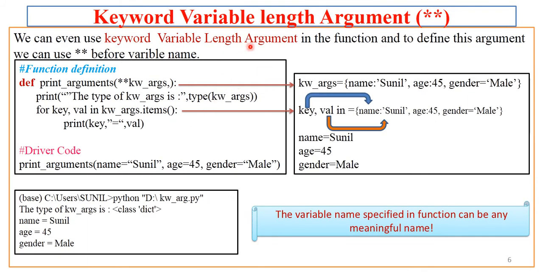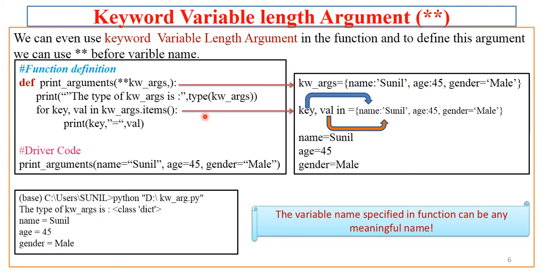Now let us focus on something different which is really fascinating in Python programming. So what is that? That is the keyword variable length argument. It is variable length arguments and keyword. See, in the earlier slide, whatever we saw was a combination of positional and variable length arguments, and we were taking that positional argument as a keyword argument while passing the value to the function.